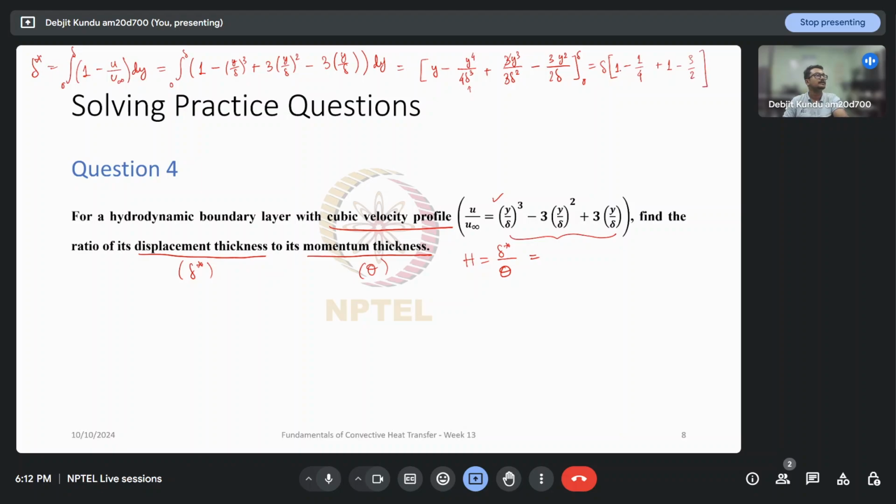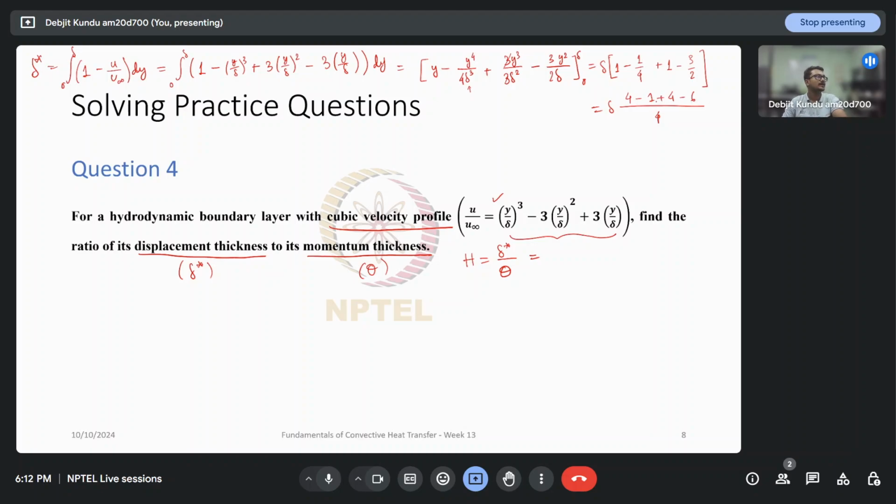So simply, wait a second. Okay, so I have 1 plus 1, 2 minus this whole thing. So if we take 4 as the common denominator, we have 4 minus 1 plus 4 minus 6. So 4 plus 4, 8 minus 7.